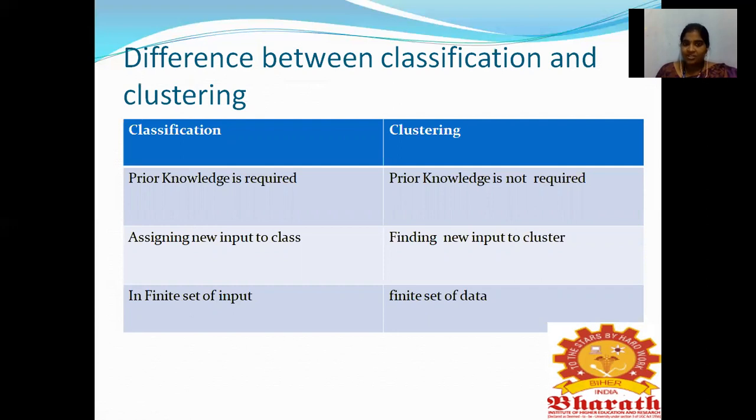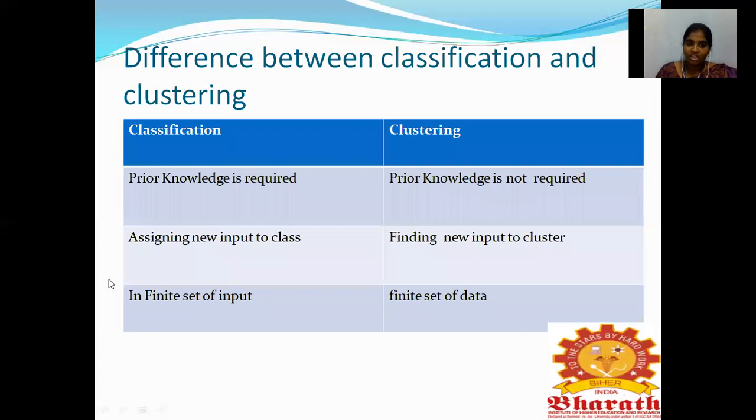Then the second point is the difference between classification and clustering. For classification, clear knowledge is required, because it has to know the past history of the customer, the amount he has been buying, and what goods he buys, whether costly or low-priced.